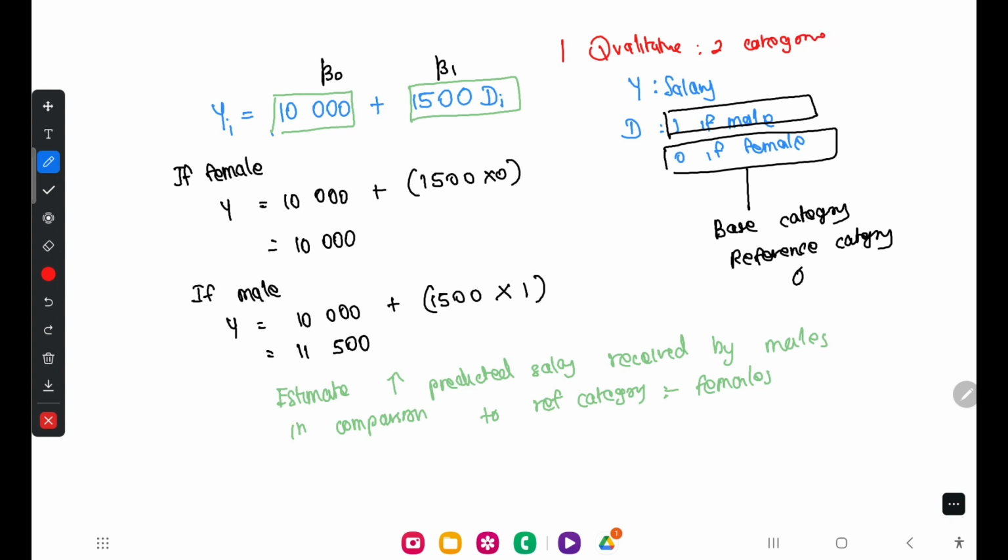And we said that this is how you interpret 1500. And how do you interpret 10,000? That's the income received by females, the value received by the base category or reference category, income or salary or whatever.